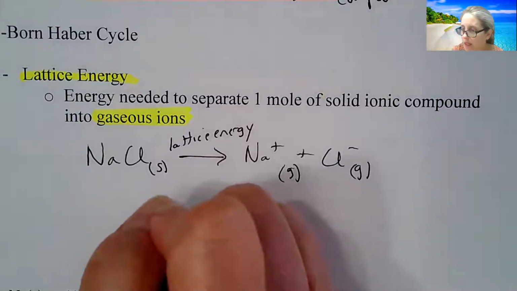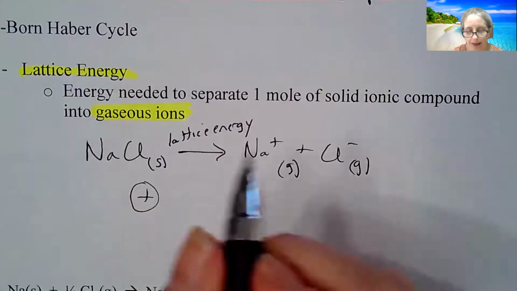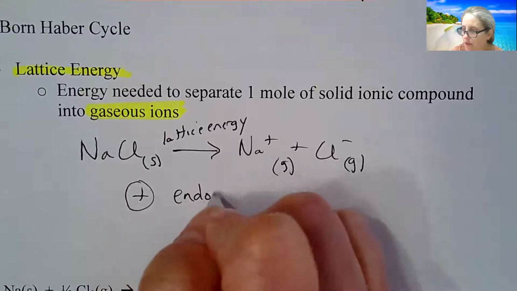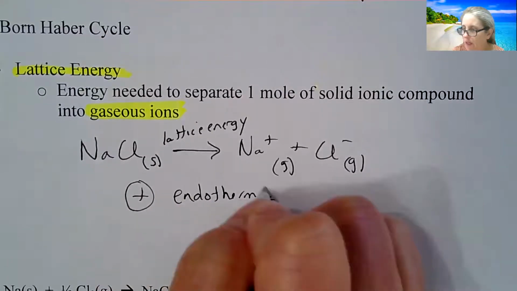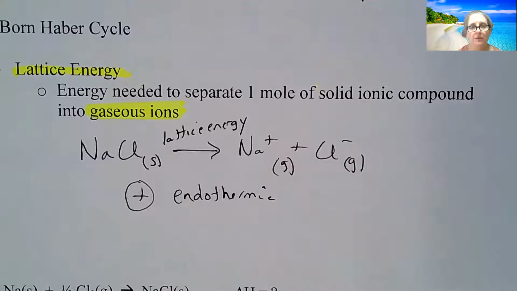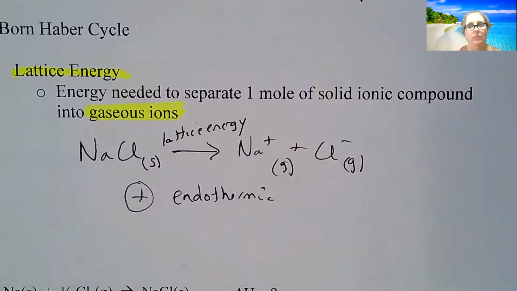Now, please note that lattice energies are always positive. They are always what we call endothermic, meaning in order for you to separate out an ionic compound into its ions, you're going to have to put energy in. And so that's going to be key in your understanding here.